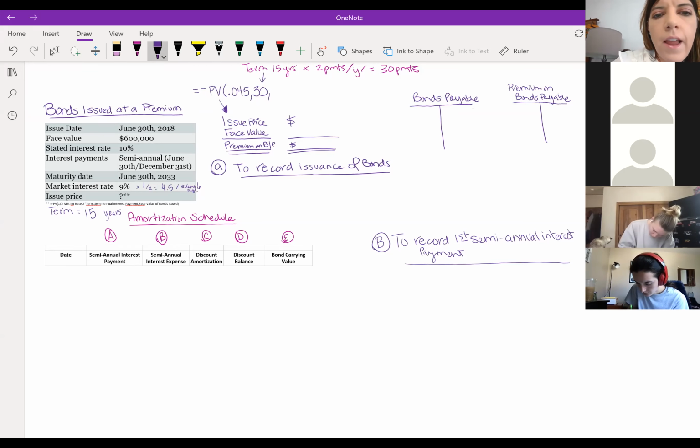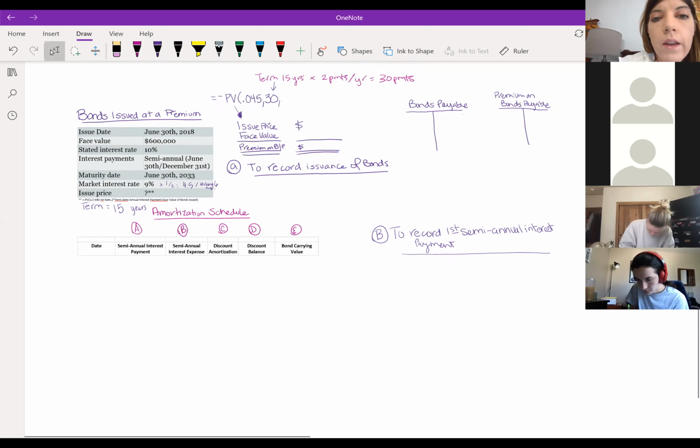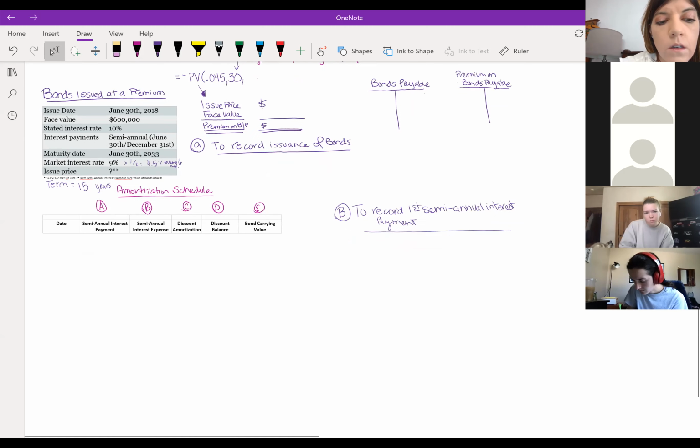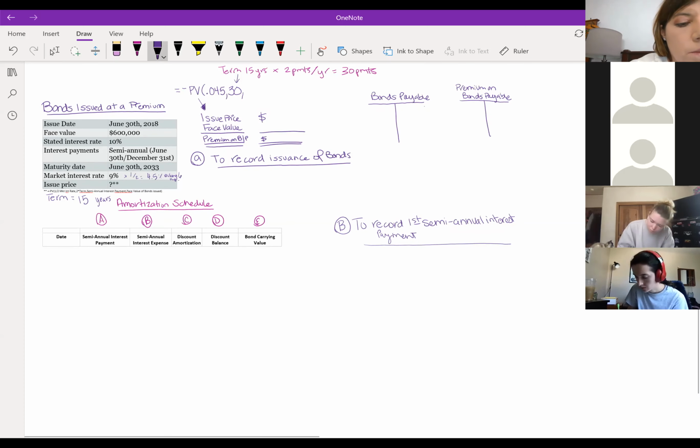For the next number, that's going to be our interest payment, semi-annual interest payment. So we need to do a little calculation for that. Just move this over here.